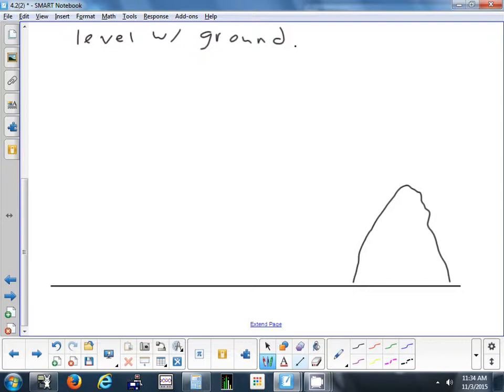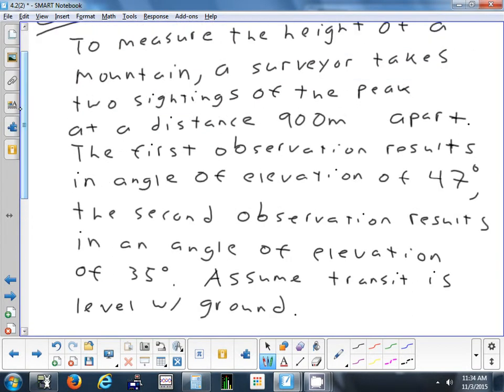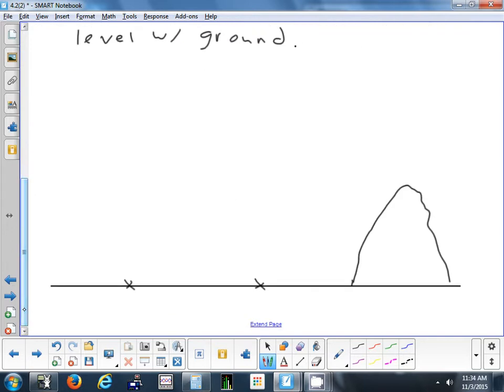We also need to mark the 2 spots where he does the sightings from. We don't know how far he is from the mountain. We never need to know that. Let's just say he's here at one point, and then he's here. And how far back does he drive between the 2 sightings? The sightings are 900 meters apart.